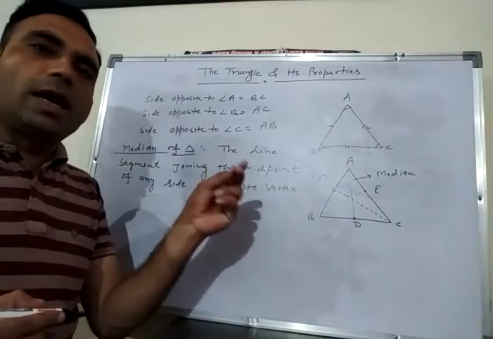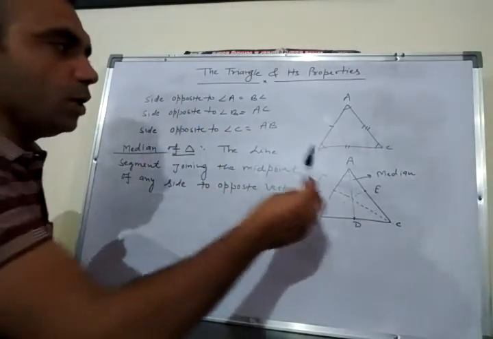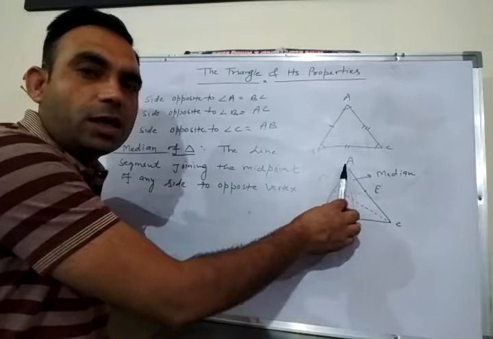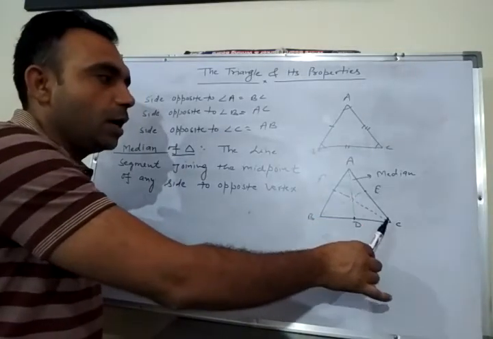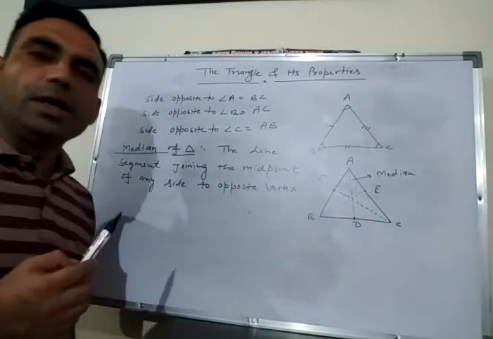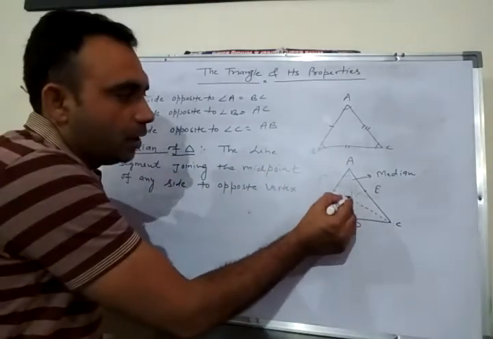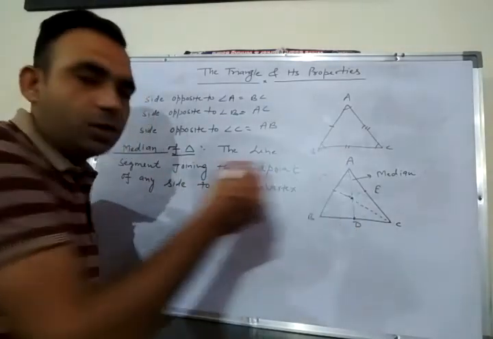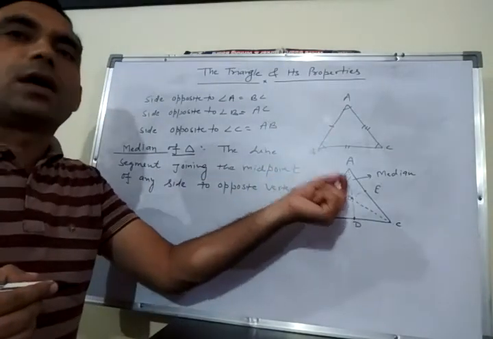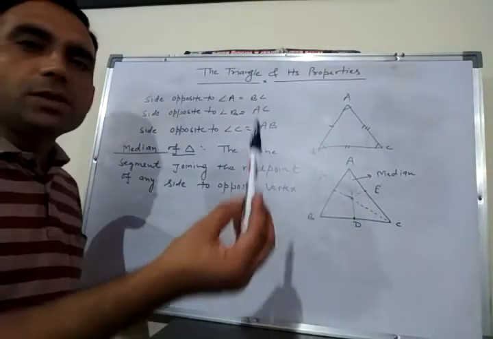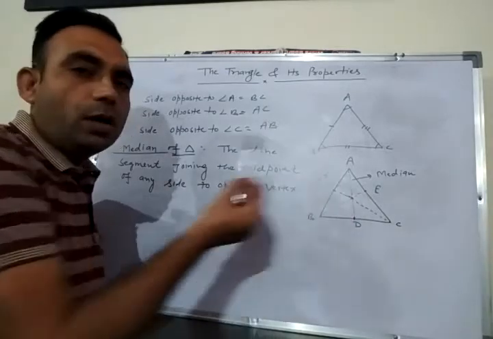So a triangle has three medians. From vertex A, median AD, from vertex B, median BE, and from vertex C, median CF. All three medians pass through a point, intersecting at a point. So all three medians are concurrent. Concurrent implies all three medians pass through a point.